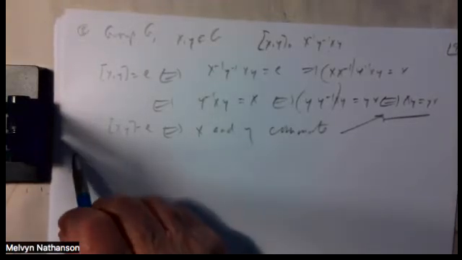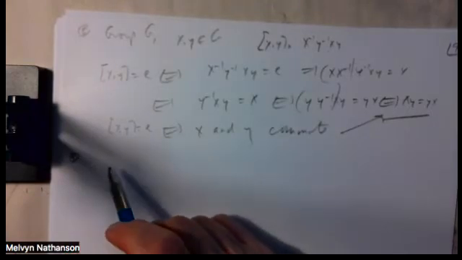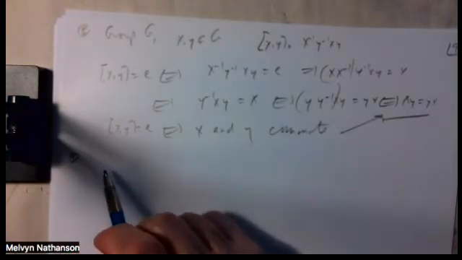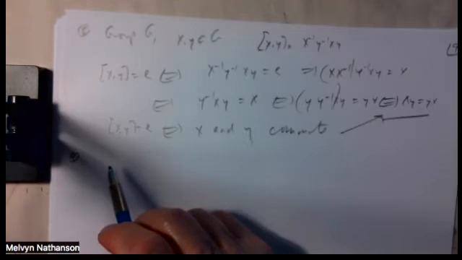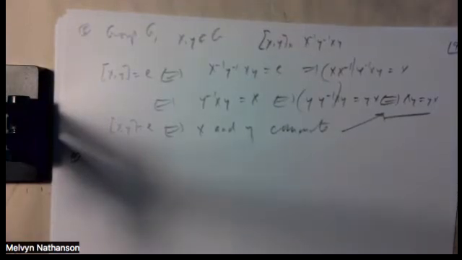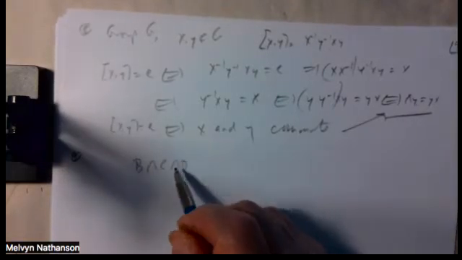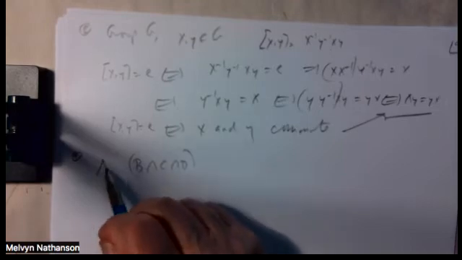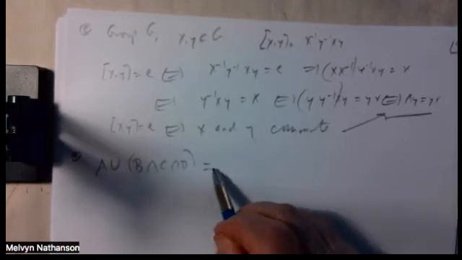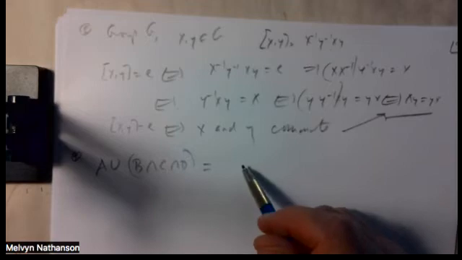Right. Problem 9 is just a little set theoretic calculation. We have sets A, B, C, oops, I should have said A, B, C, and D. So if I take B intersect C intersect D, and I take the union of A with that, I want to show there's a kind of distributive law.